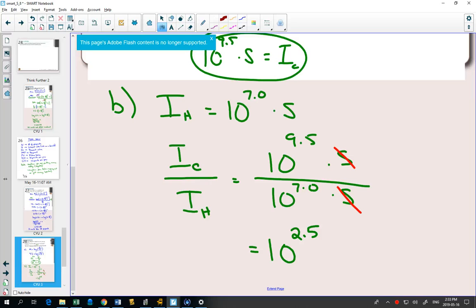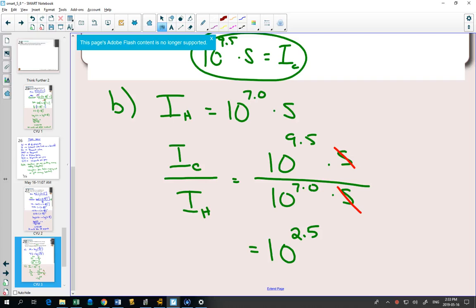Right? If I was comparing an earthquake of 6 to an earthquake of 7.4, I'm going up 1.4. It's 10 to the 1.4 times more intense. And I wouldn't even have to use the formula to do that. So that's kind of nice.